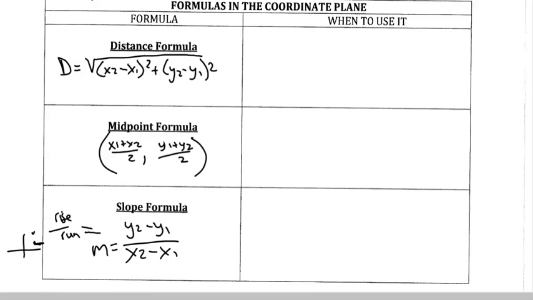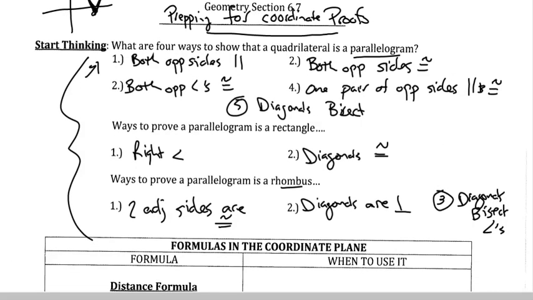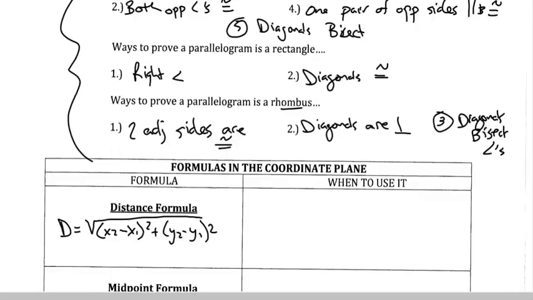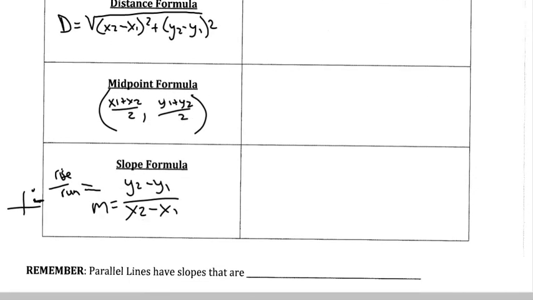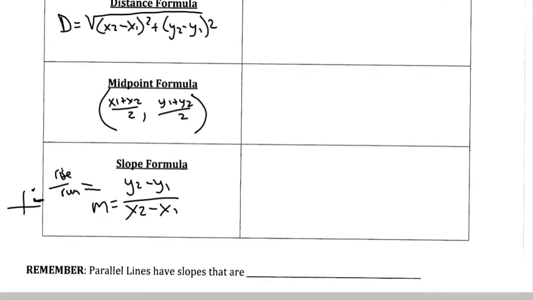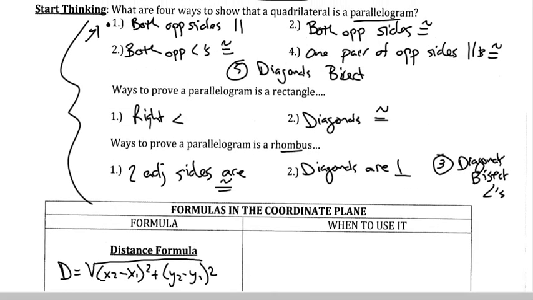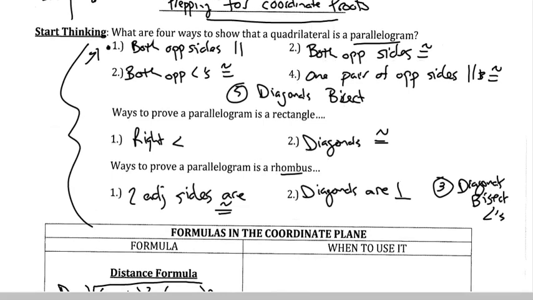Now, here are some of the things that we can use in a proof. If we were trying to show that things were parallel, do you remember what formula we use to show things are parallel? Slope. So if you wanted to show things are parallel, aka same slope. Now let's say we wanted to look at opposite sides being congruent.